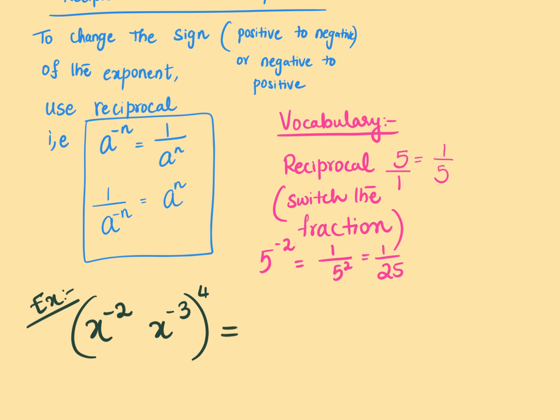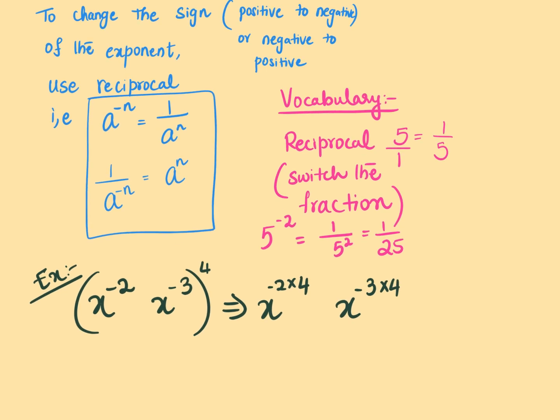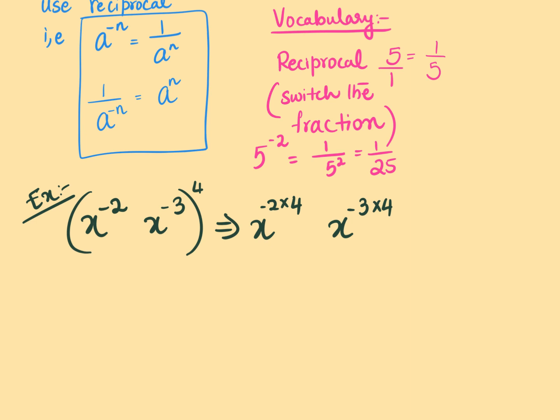When you have bracket to bracket, x to the power of negative 2 times x to the power of negative 3, whole power 4, I have to multiply the powers. If you remember the rule, negative 2 times 4 and negative 3 times 4. Very good. Then I have x to the power of negative 8 and x to the power of negative 12.